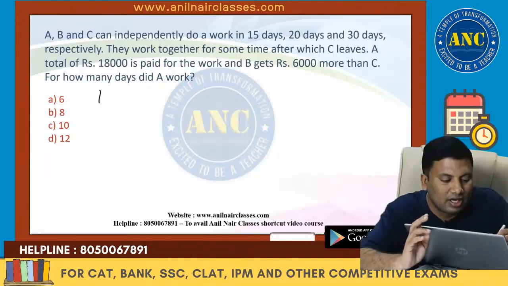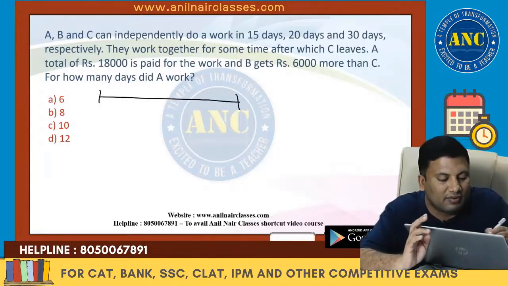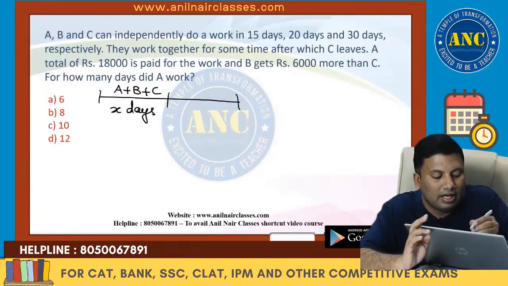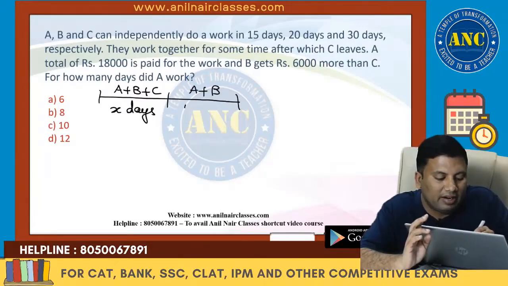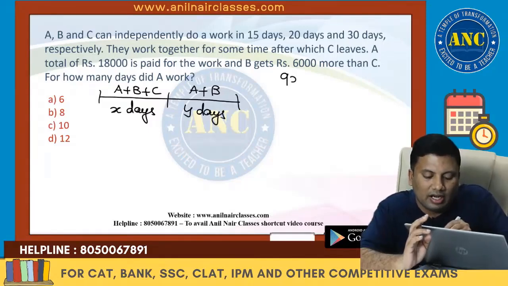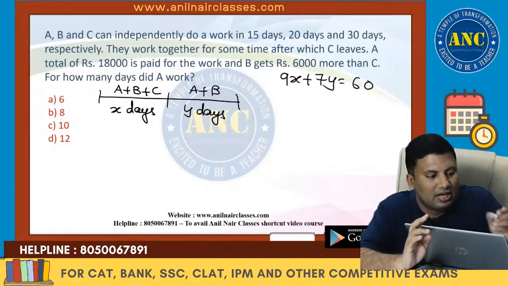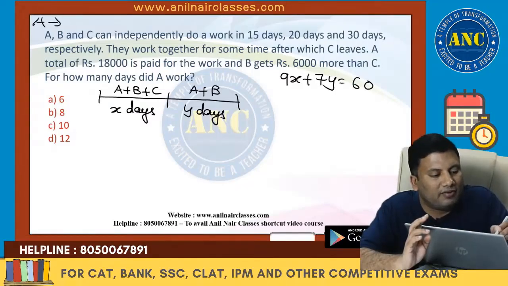Second equation. A, B and C started the work. That means A, B and C worked for X days. Here C left, so A and B worked for Y days. What is the first equation we got? 9x plus 7y equivalent to 60. What are the units per day we got?